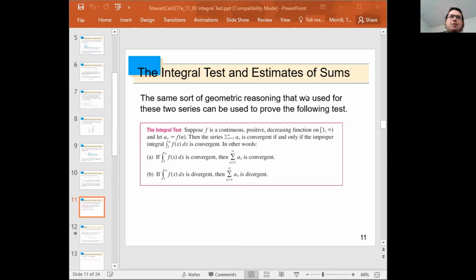This has to do with series whose summands follow a formula, and that formula is defined for all real numbers, or at least all real numbers greater than or equal to 1. And this fits a lot of series that we end up looking at.